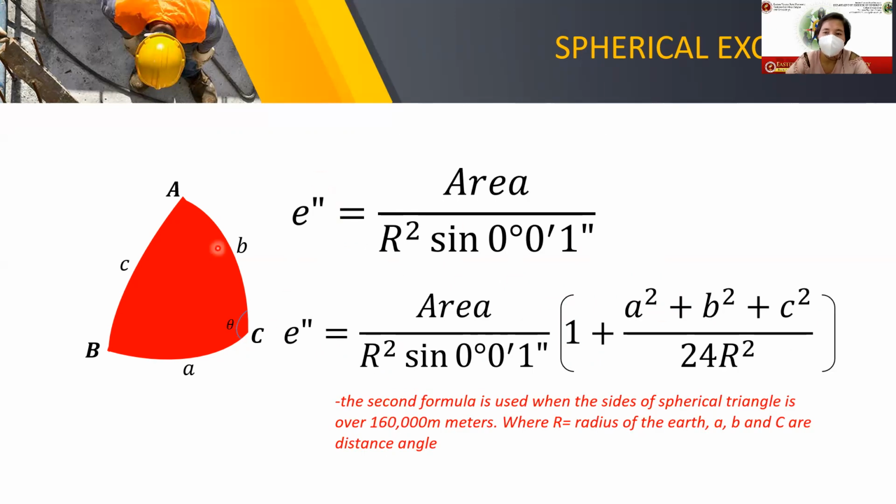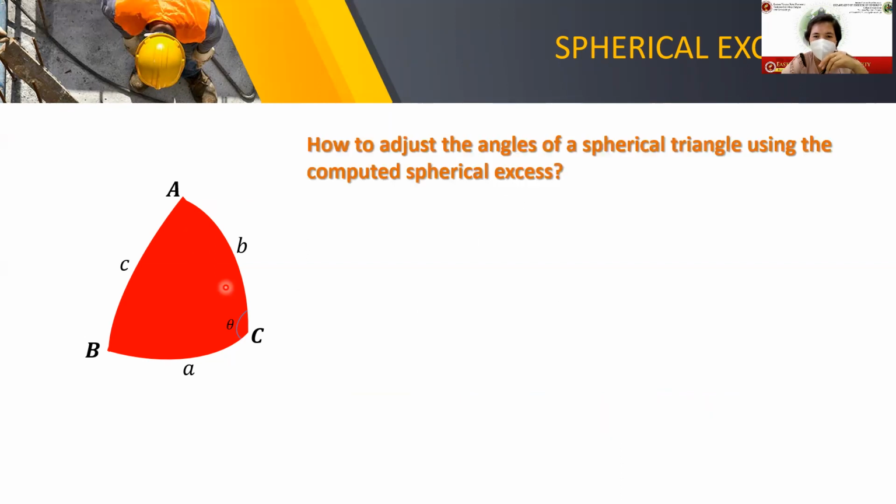So once you compute this spherical excess, you can apply correction on each interior angle of the spherical triangle. Let's say you already computed the spherical excess of the triangle. Now, how are we going to adjust the error of that triangle?